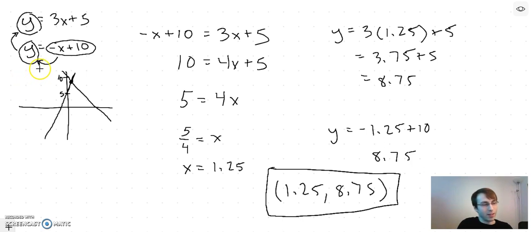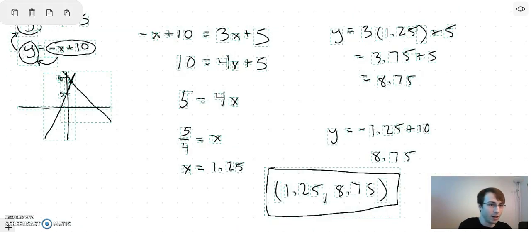Now it doesn't always have to be y that you sub in for. You don't have to always solve it for x. Let me draw up a new set of equations.